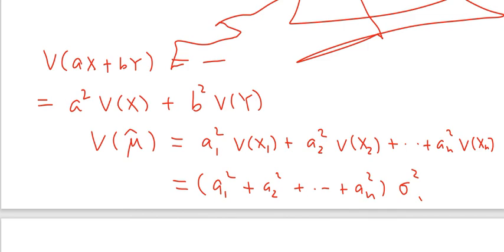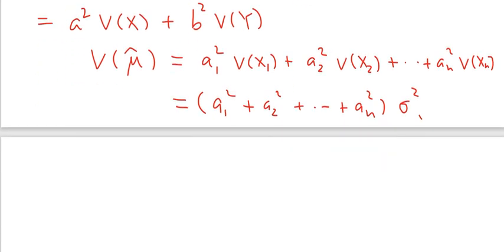So the question is how can you choose a1, a2, until an, such that a1 plus a2 plus an equals 1?